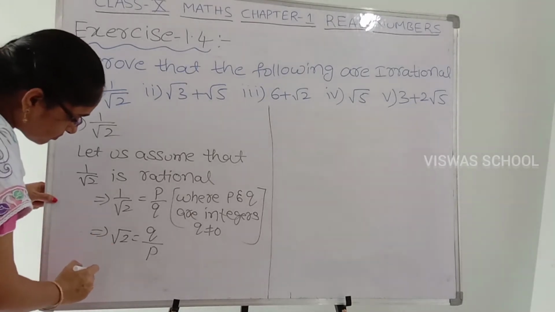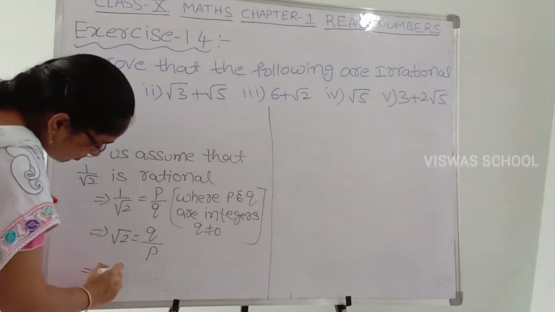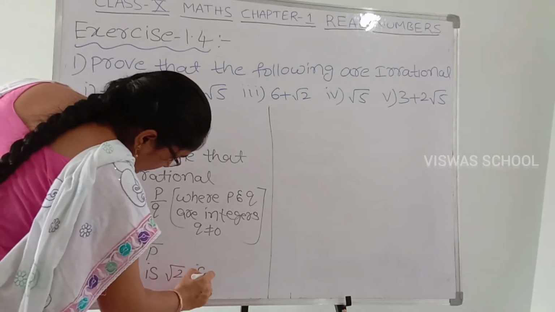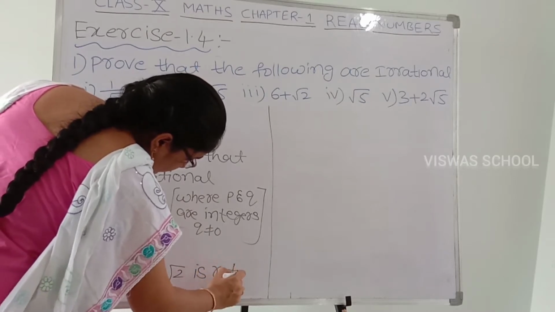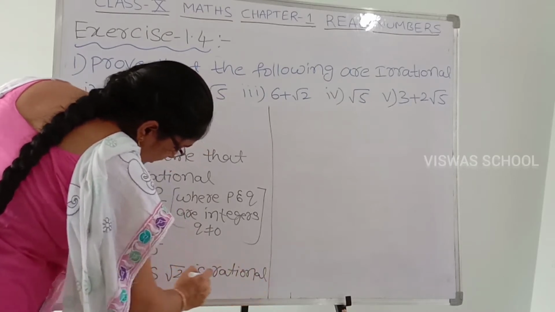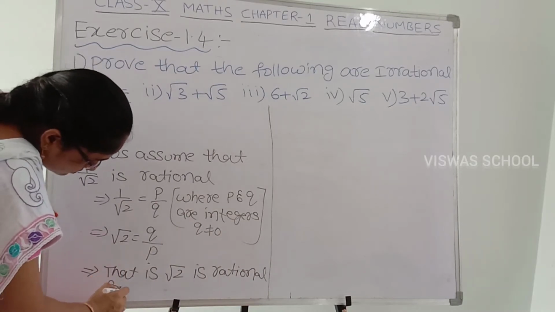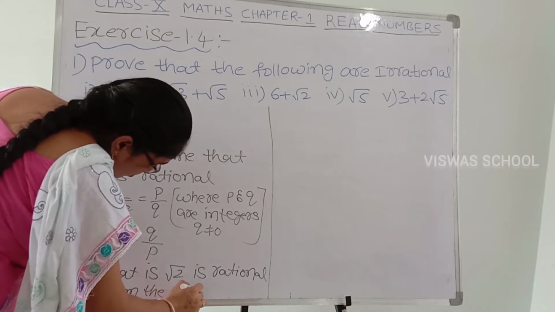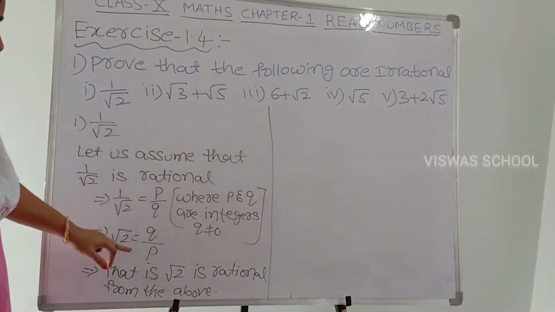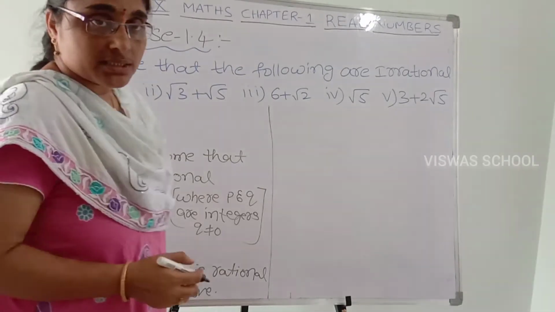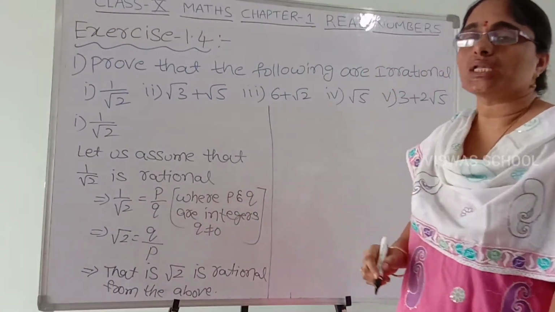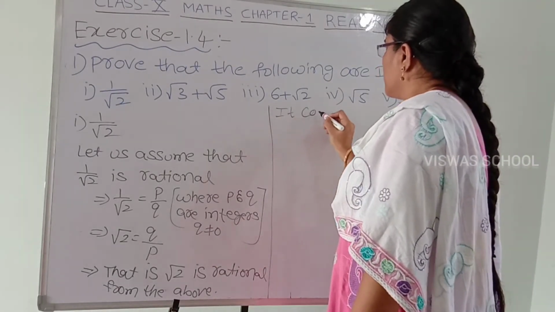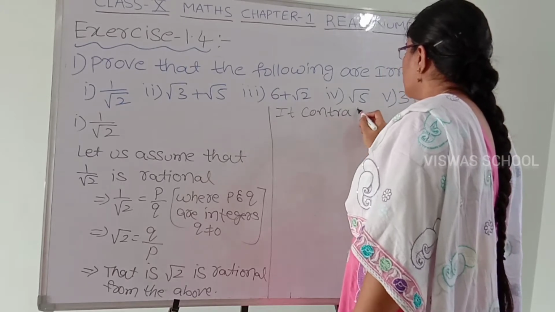That is, root 2 is rational from the above condition. But what is the fact here? Root 2 is not a rational number. That is, it contradicts the fact.